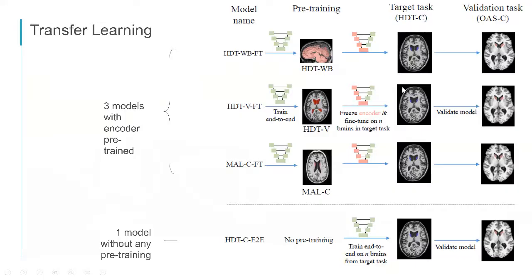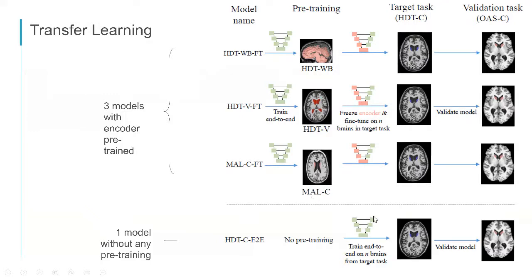Once we've tested the model on this distribution, we can then validate the model on the OASIS dataset. Now we have 3 different pre-training tasks. We have the lateral ventricles, which I've just gone through, but we can repeat the process with the whole brain problem and also the automated labels gathered on the ADNI dataset.